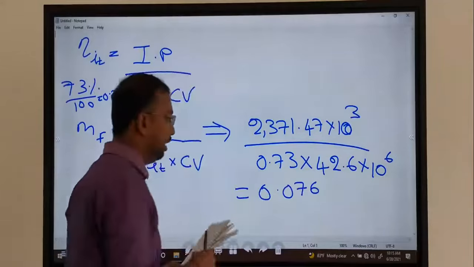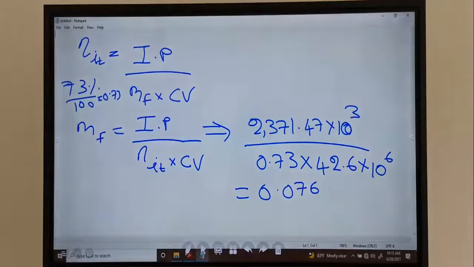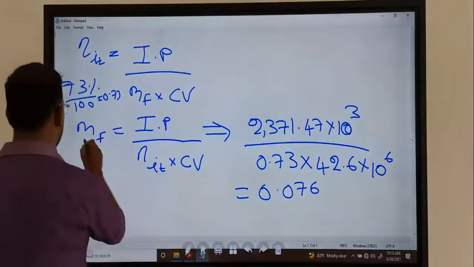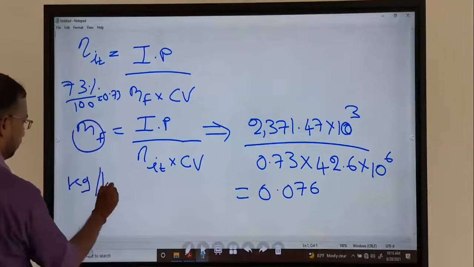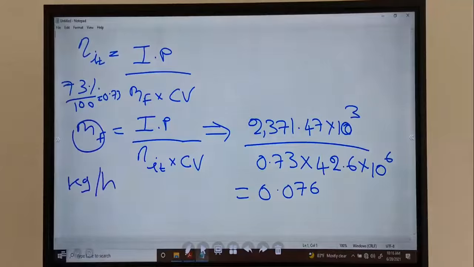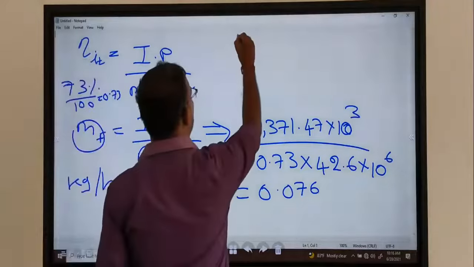So what is the unit? We have to find this MF unit as kilogram per hour. But in this equation we can get the MF value not for an hour.